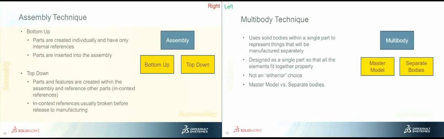Okay, so let's talk about multi-body for just a second. Multi-bodies are a way to describe different components within the context of a single part file. And those parts could represent different manufactured parts, the top and bottom of our box being a good example.